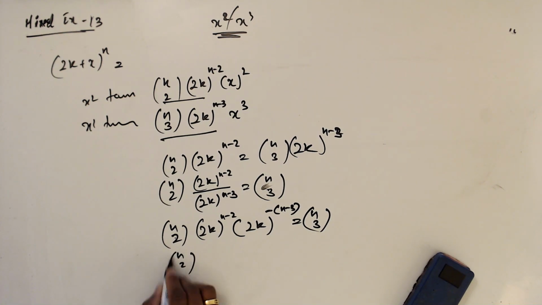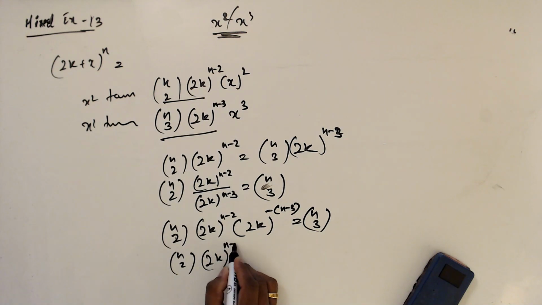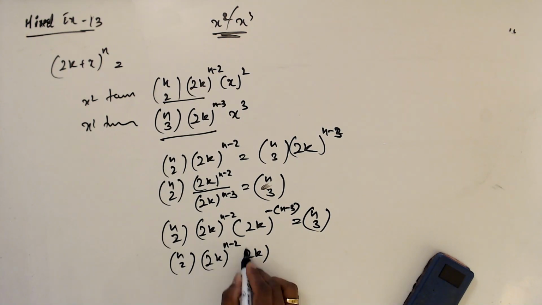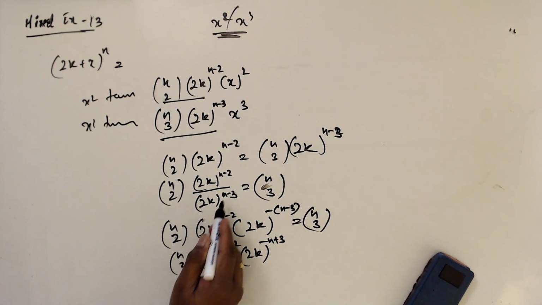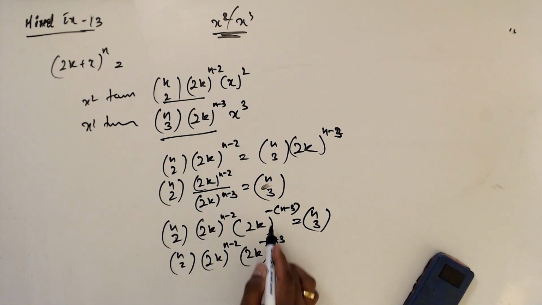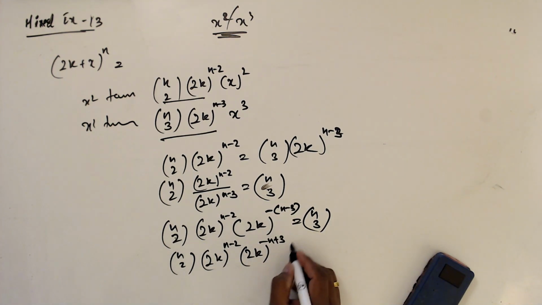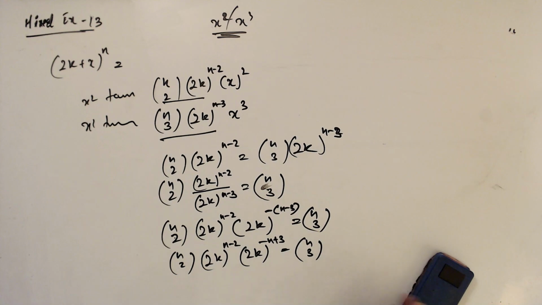Now nC2, this is 2k to the power n minus 2. This is 2k to the power minus n plus 3, because when I take this one up, it becomes minus. Then I expand by minus n plus 3. Now this is nC3.